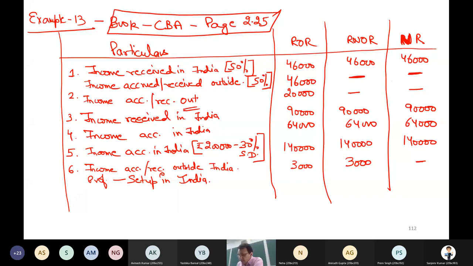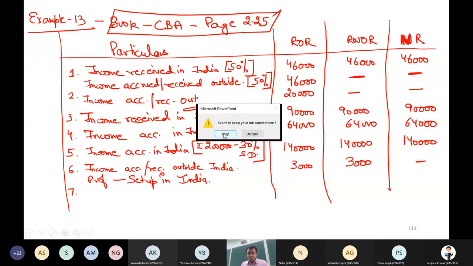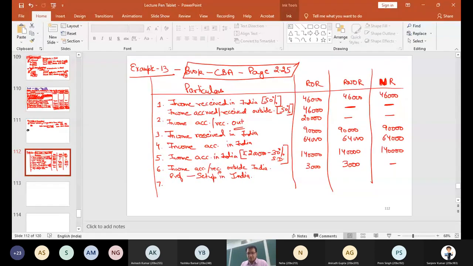Point number G. Those who know point G, please raise your hand so that I can check how many of you know point G. It's very easy. Read it.